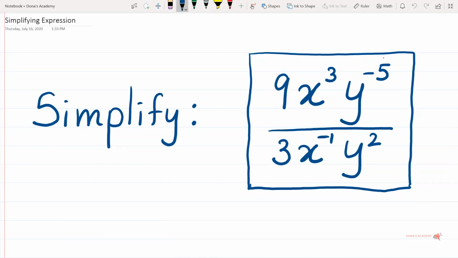Okay, so in this video, I'm going to explain the definition or the meaning of simplification and expression that contains exponents.